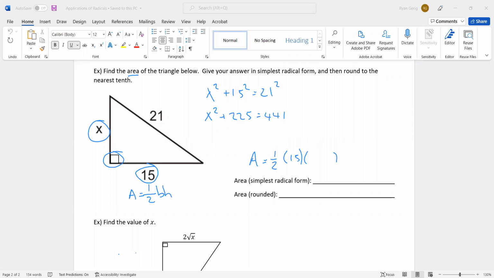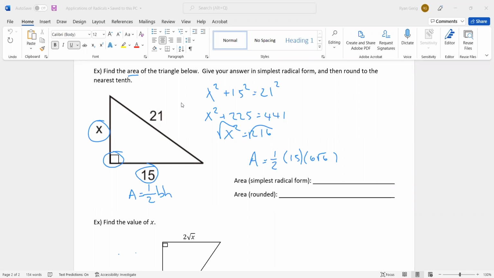Got to subtract 225 is 216. And then take the square root. And I get, I believe that's 6 radical 6. Just real quick, I'm going to check that. Yep, 6 radical 6, okay?